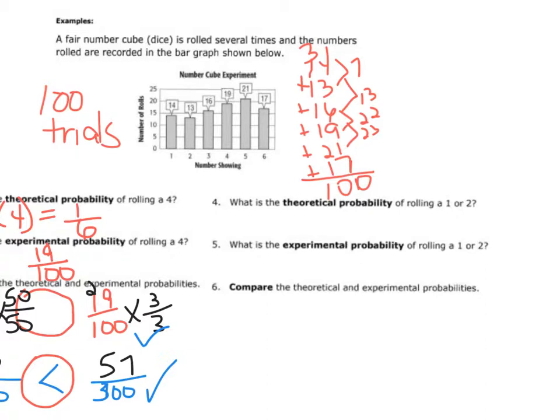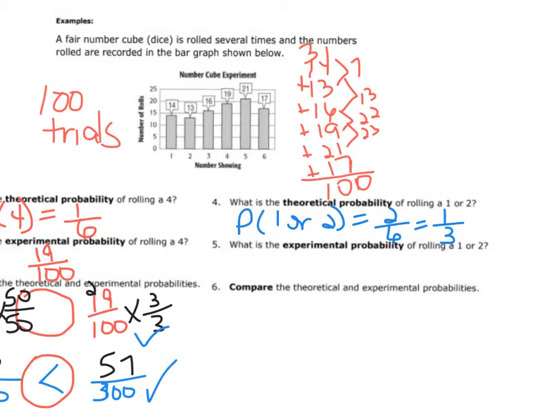So how many 1s are in the cube? 1. So the probability of 1 or 2 is going to equal 2 out of 6, which is the same as 1/3. Because remember, we always, always, always have to simplify our fractions.